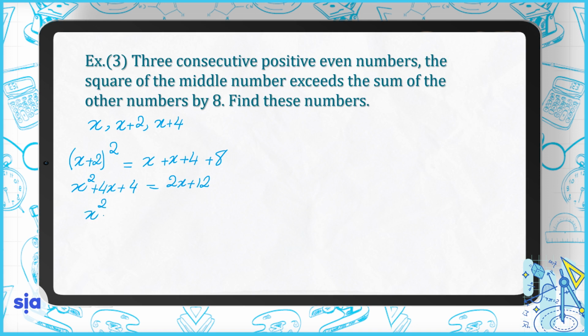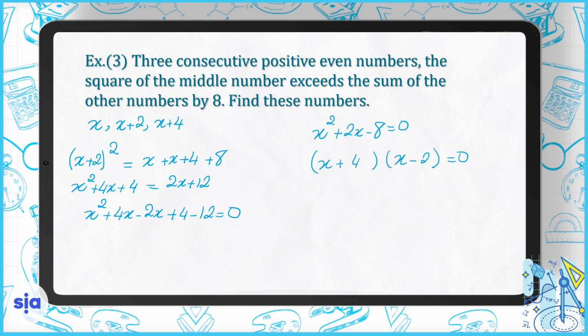So x squared plus 4x minus 2x plus 4 minus 12 equals 0. So here is x squared plus 2x minus 8 equals 0. Let's factorize this: x plus 4 and x minus 2. So x plus 4 equals 0, where x minus 2 can also be equal to 0.